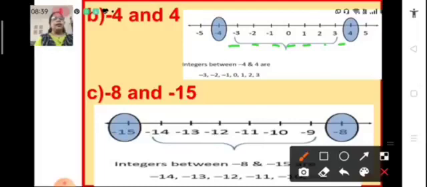C, negative 8 and negative 15. So we start from negative 15. It is smaller and in increasing order we move towards right. So what are the integers between negative 15 and negative 8? They are negative 14, negative 13, negative 12, negative 11, negative 10 and negative 9.